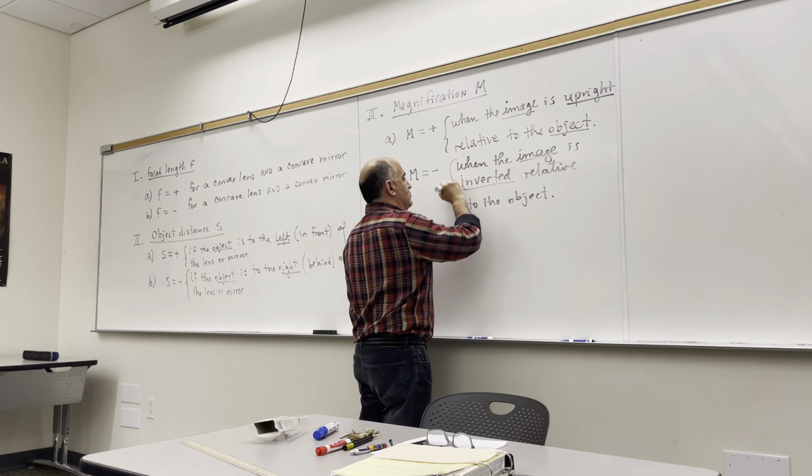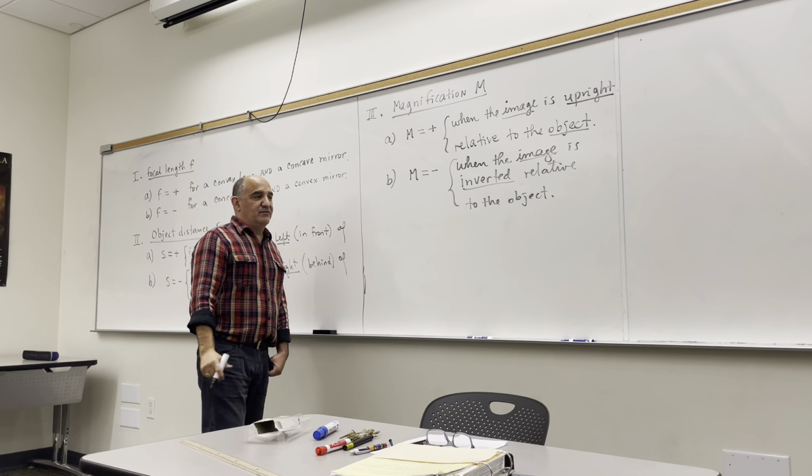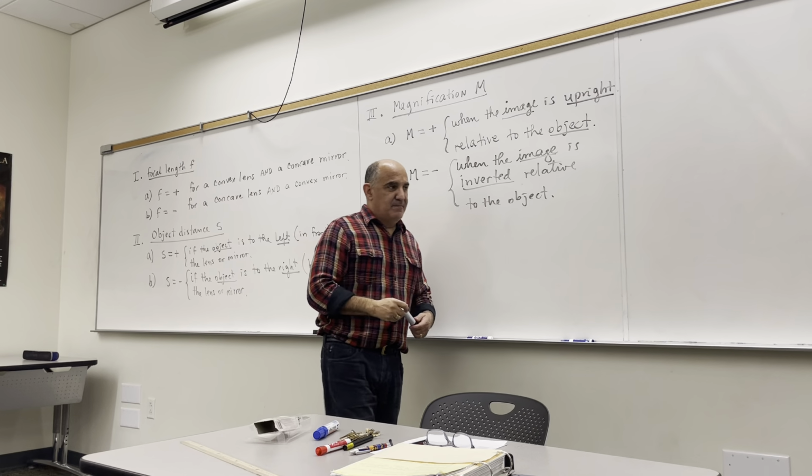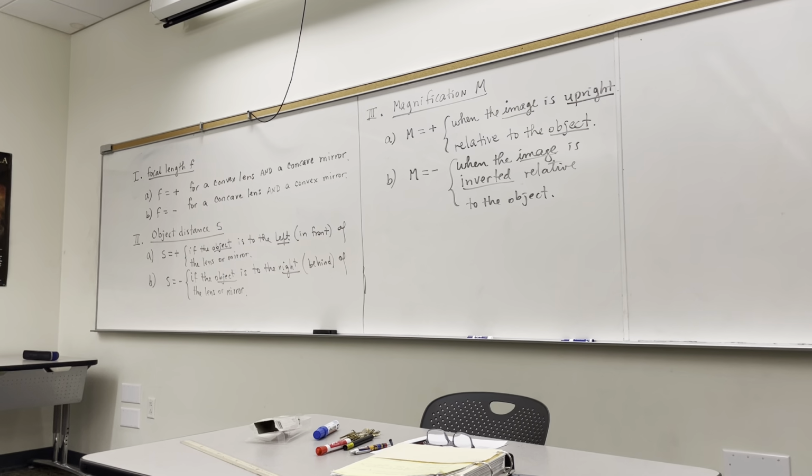So it has to do with how an image is oriented relative to the object. And the magnification is also defined as the height of the image divided by the height of the object.